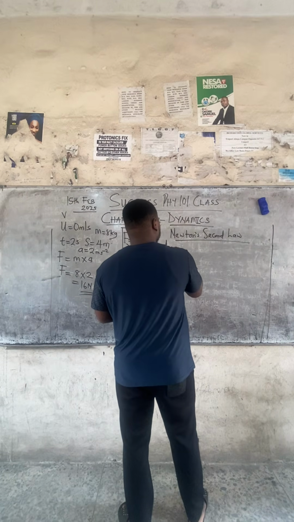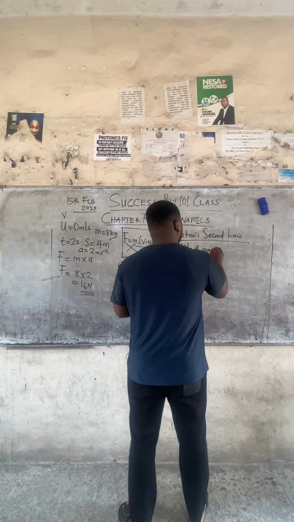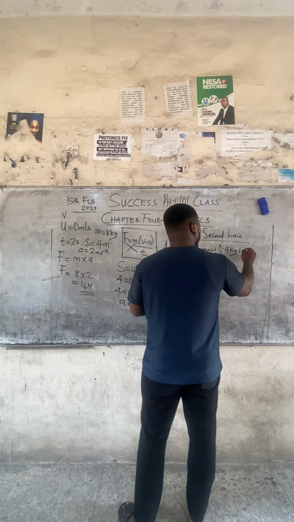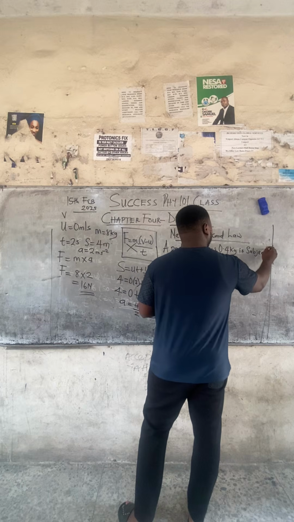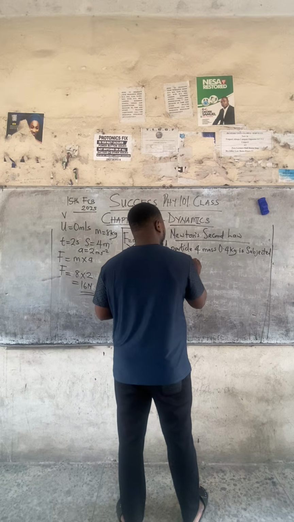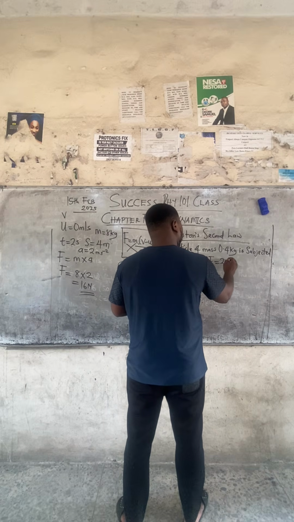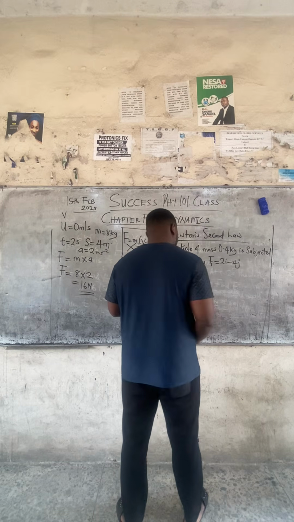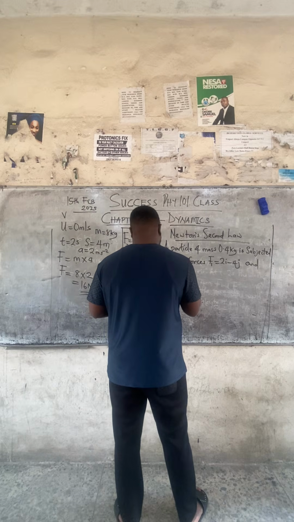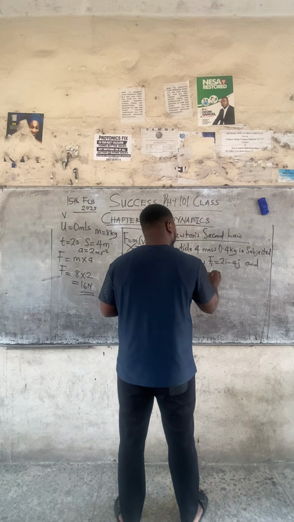A particle of mass 0.4 kg is subjected to two forces. F1 equals 2i minus 4j, and F2 equals minus 2.6i plus 5j.